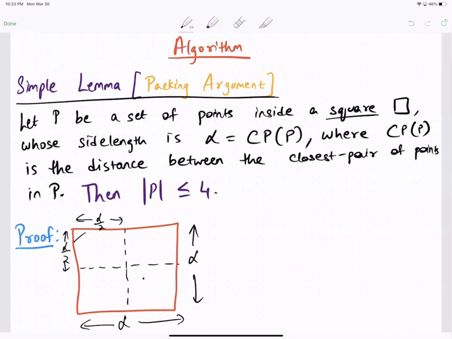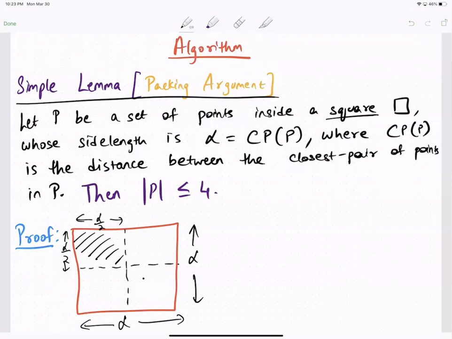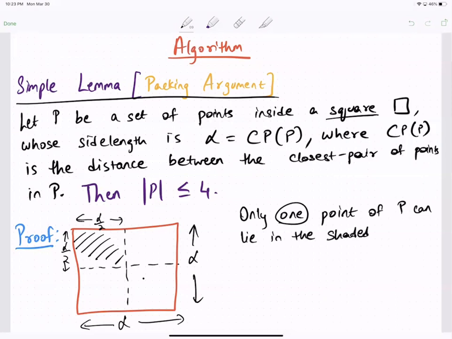Now the claim is the following. Only one point of P can lie in the shaded small square. Why?